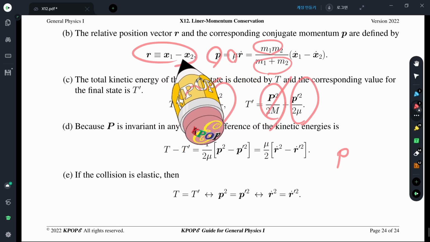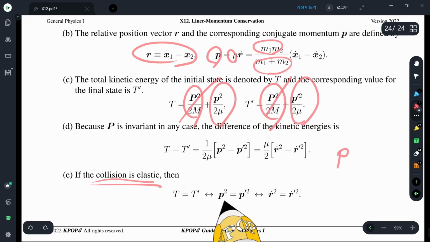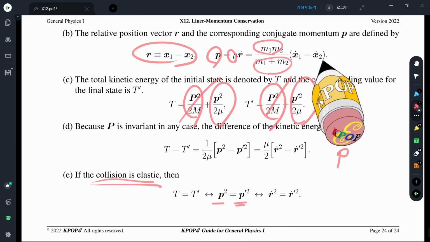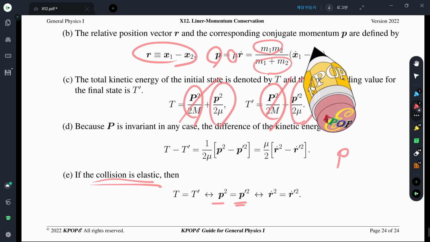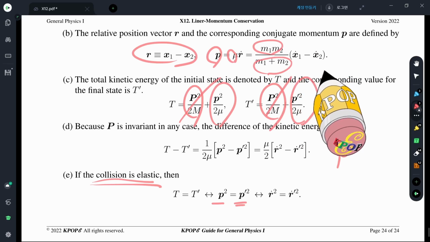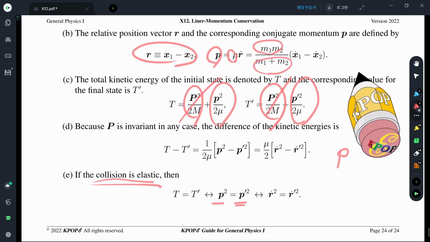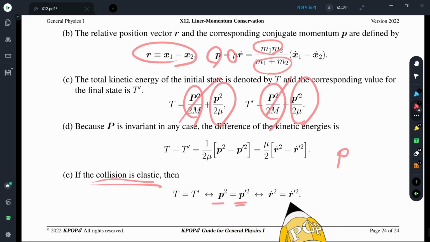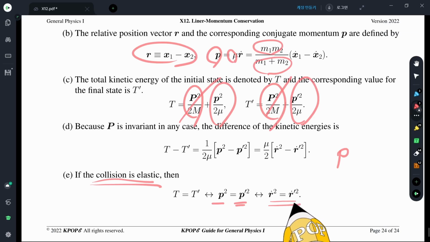In such a manner, if the energy is conserved, the collision is elastic, it is trivial to find that the time derivative of this relative coordinate, that is the relative velocity of the two particles, should be conserved. That's the reason why the high school textbooks use the elastic coefficient, something like that, which is just a reflection of these results for the relative coordinate.